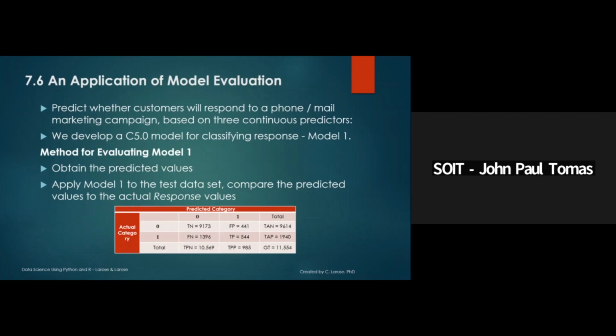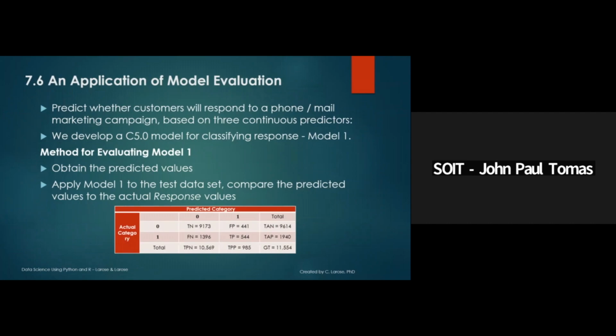If you're within the organization, you will be asking someone to phone your clients, using a phone or email marketing strategy. Then your model will be able to predict whether a particular client will respond to the phone or email campaign that you have done. We'll investigate whether our clients would actually respond well or not. That's why we will be creating a model. So it's only 1 and 0 for that matter.